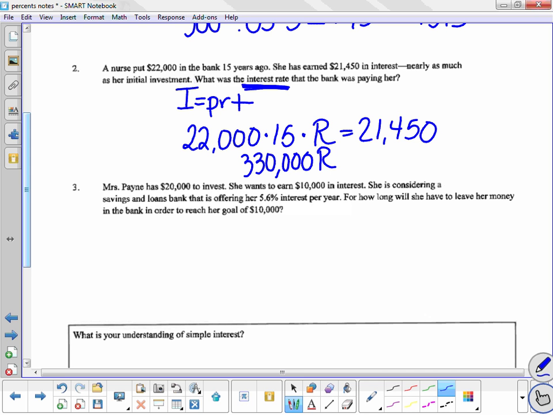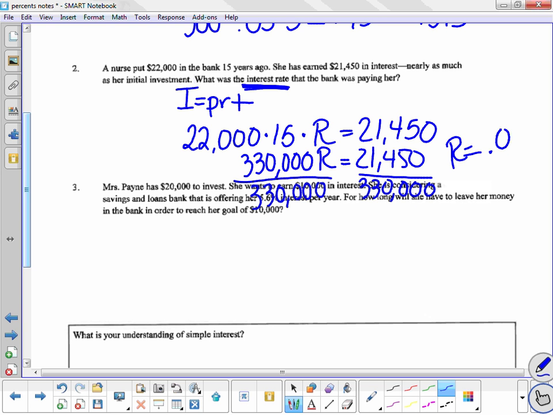You get your R equals 21,450. Just like we solved equations in the past, you divide both sides by 330,000, and you get your R isolated, and what comes out in your calculator is 0.065.